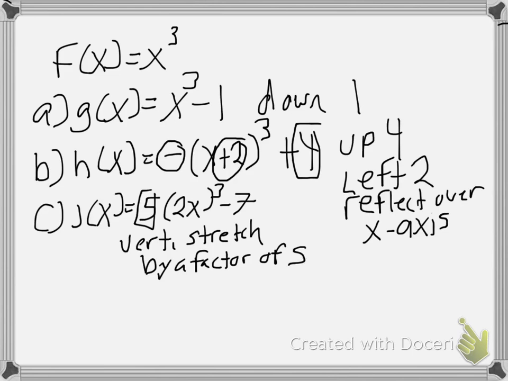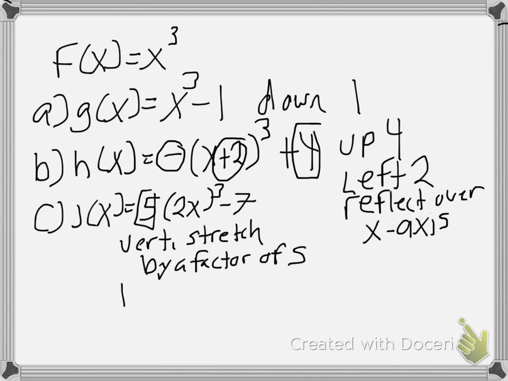Again, if I'm just asking you to identify the transformations, you don't have to tell me in what order they would happen, but you do need to know the order of how they would happen. The 2x, this 2 is on the inside of the function, it's multiplied by the x.